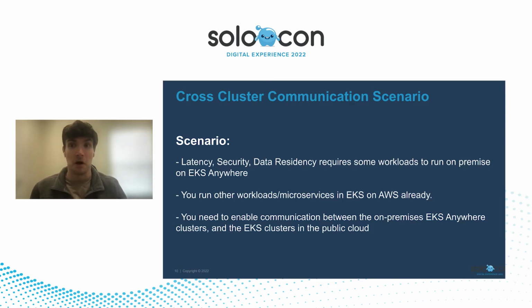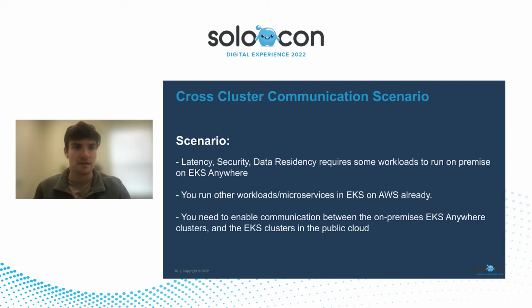Things also like data. So if you have all of your databases on premise, or if you have them all in the public cloud, and you're running Kubernetes on edge, you might need them to talk back to the databases, right? So this is becoming a super common scenario as companies are getting more mature in the Kubernetes space, and they're able to run more Kubernetes clusters across the different areas that they work in.